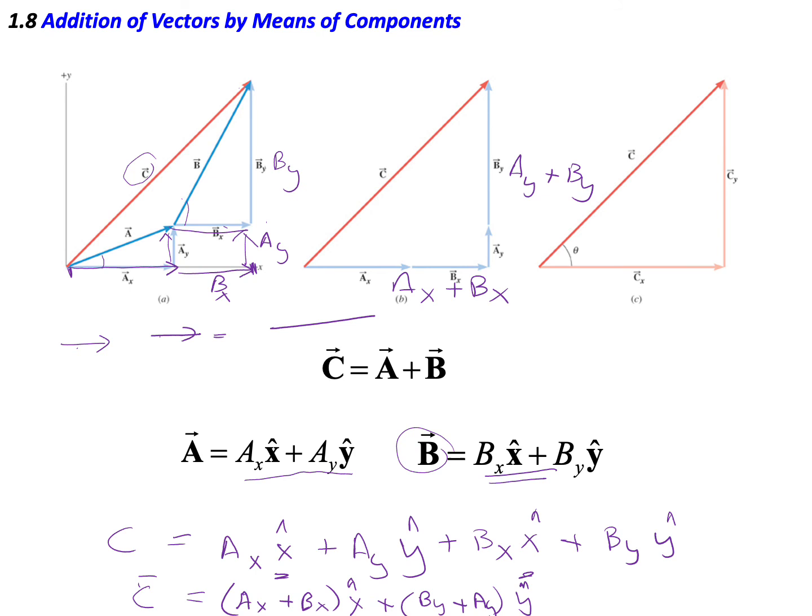You get the components of all vectors along x direction and the components of all vectors along y direction, and then you add all x components separately like this, AX and BX, and AY and BY, and then your final vector is the total x components along the unit x direction, plus the components of y along the y direction.